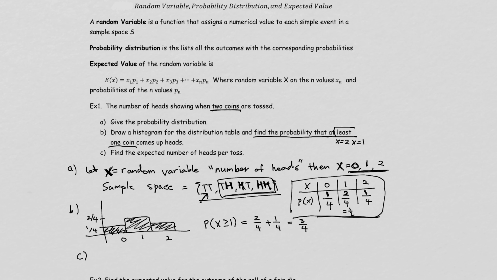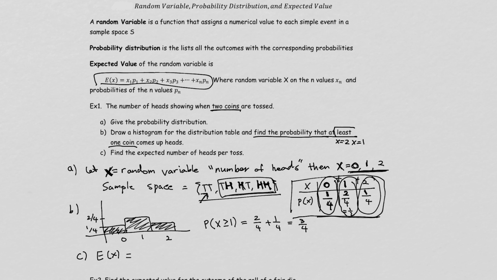For C, they're asking us to find the expected value. Looking at the formula, expected value is basically each case multiplied by its probability, plus the next case multiplied by its probability, and so on.